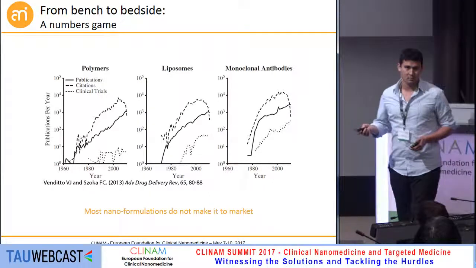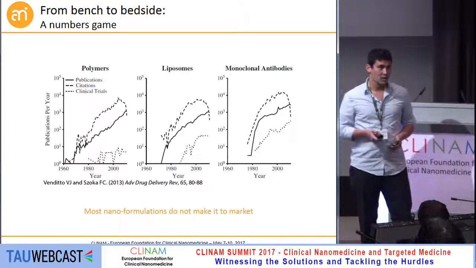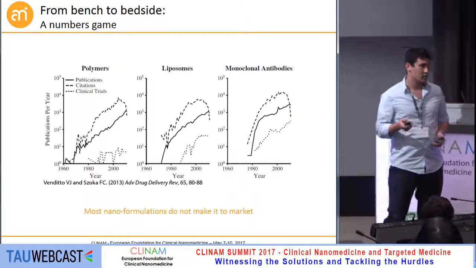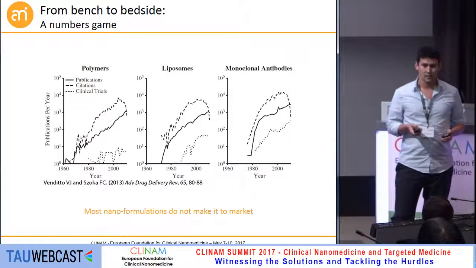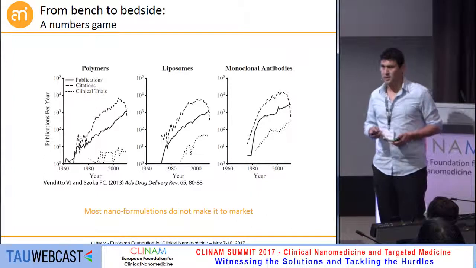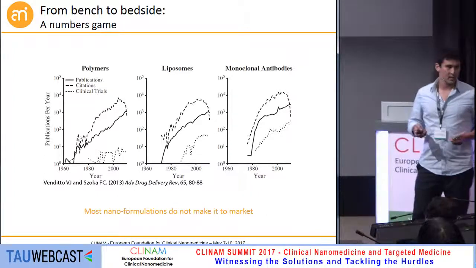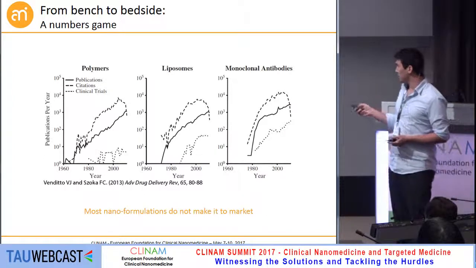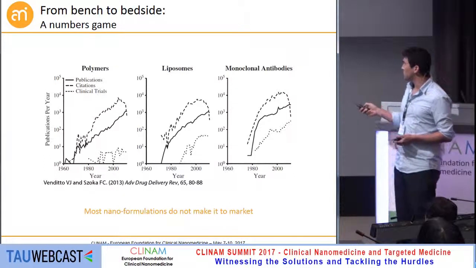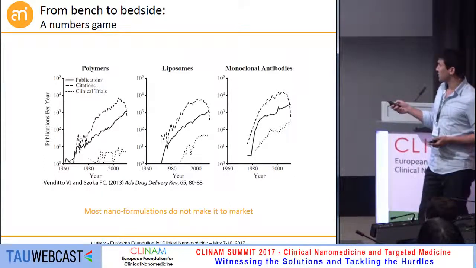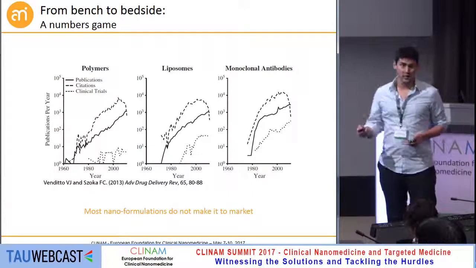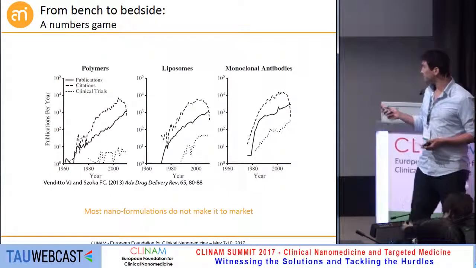And we've heard a lot of talks about this Warren Chan perspective, where they're discussing the failings of nanomedicines at the moment. While there are very exciting things going on, there does seem to be a problem translating the things that we're doing in the laboratory into actual products.